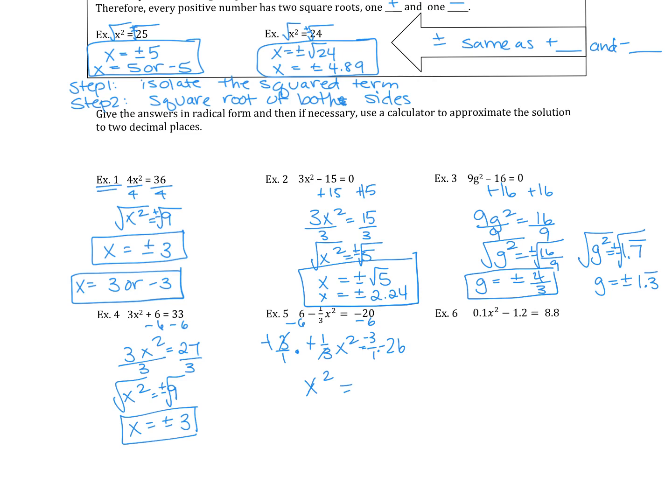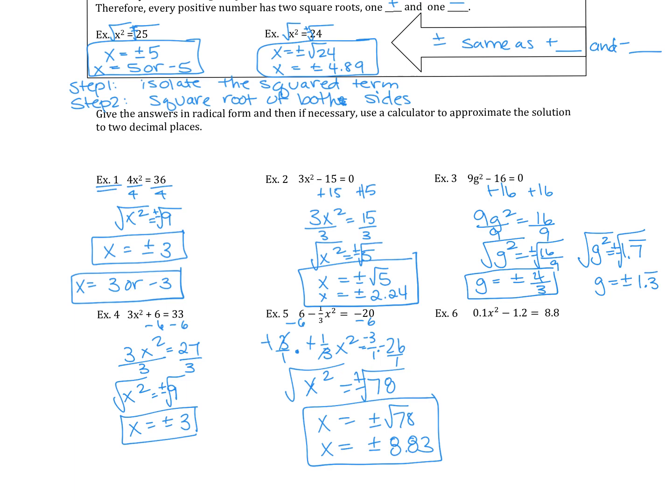Now on the right side, I have negative 3 over 1 times negative 26 over 1. And negative 3 times the negative 26 is a positive 78. So now I'm going to take the square root of both sides, and I get x equals plus or minus the square root of 78. And when I do the square root of 78 on my calculator, I get 8.83.